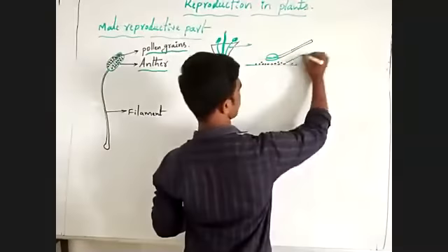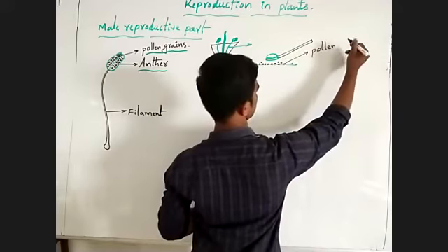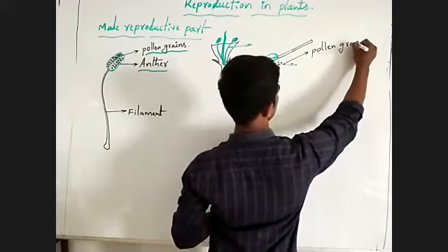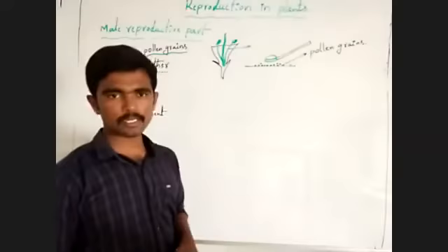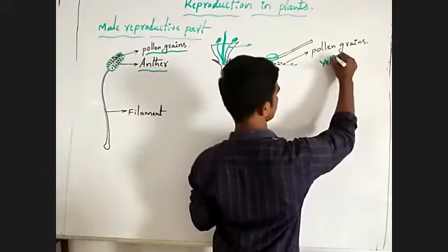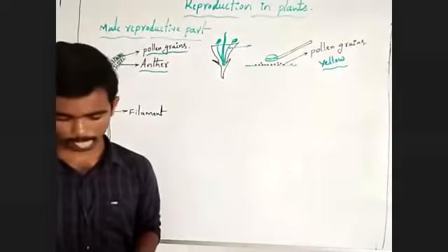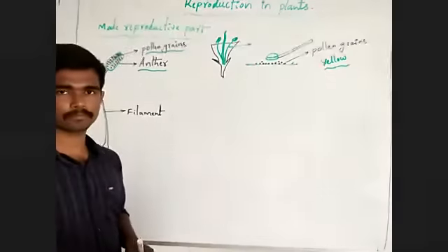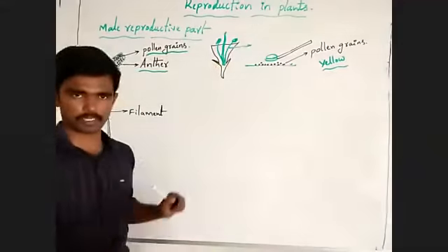These grain-like structures are called pollen grains. Pollen grains are mostly yellow in color. Are you understanding? We can observe pollen grains in this way.